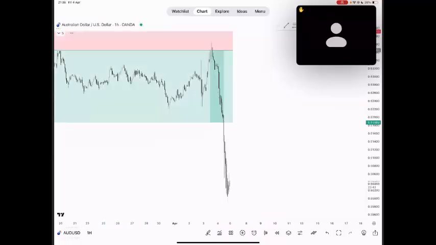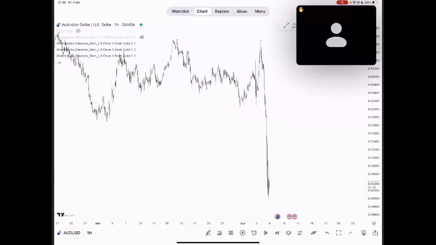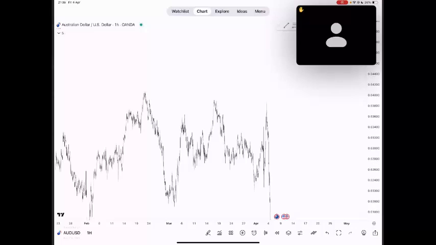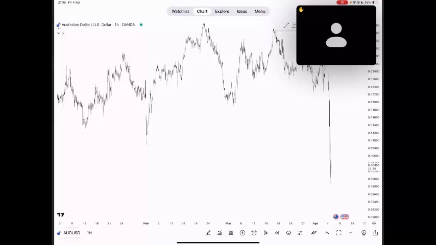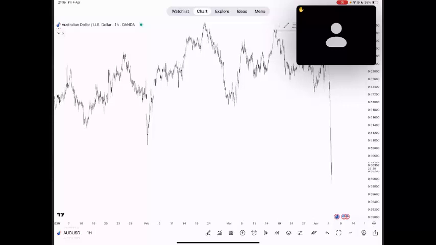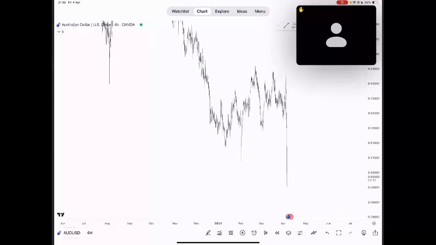So on the last video on mitigation blocks, you had pointed something out on this AUD USD, and I had a misunderstanding. Can you go to the 4-hour time frame, please? Okay.